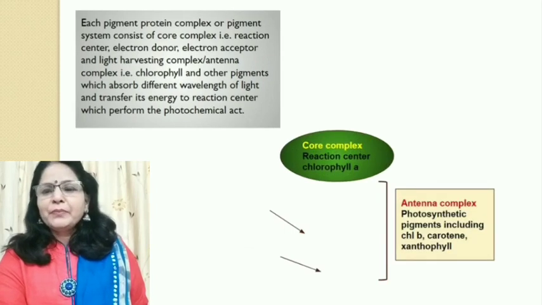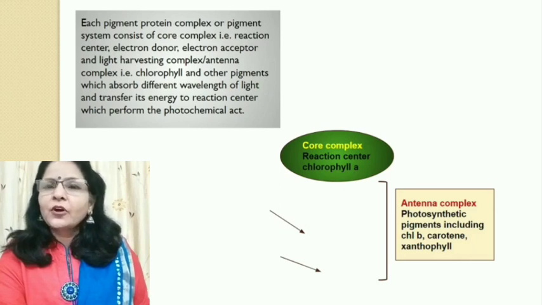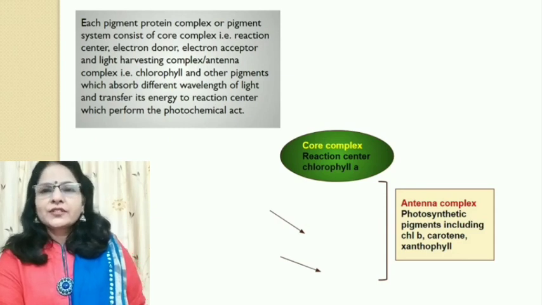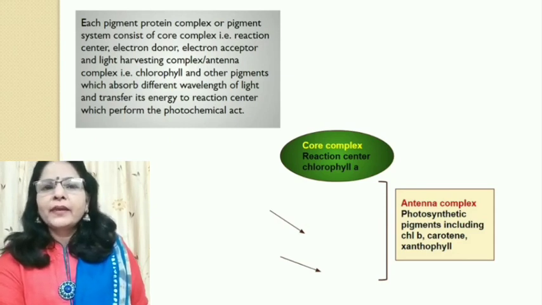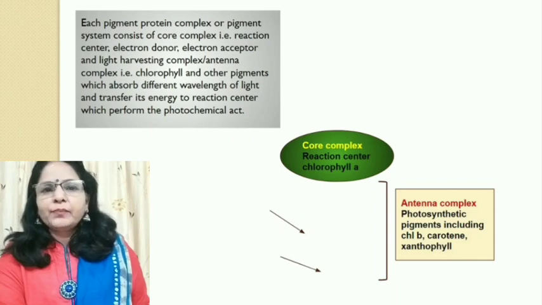Next is pigment system. Pigment system, we can also say pigment protein complex, or pigment system 1 and pigment system 2, that is photosystem 1 and photosystem 2. Each photosystem consists of a core complex and a light harvesting complex, that is also called antenna complex.